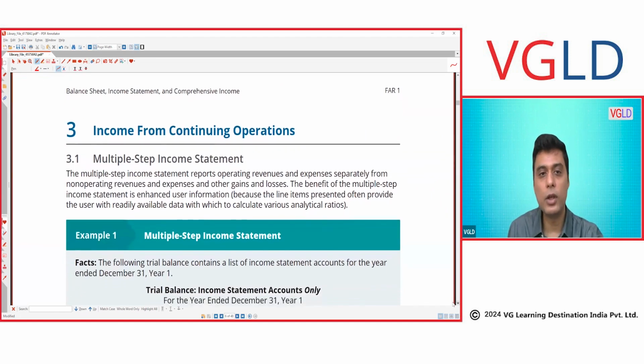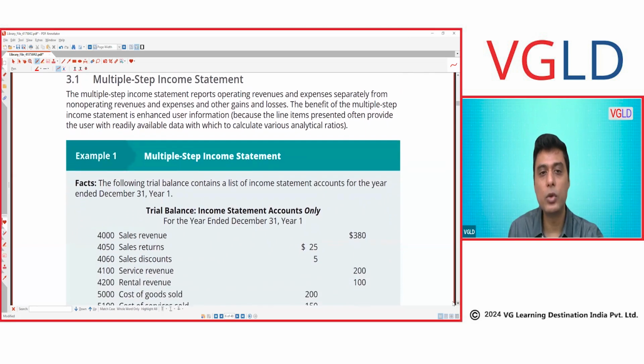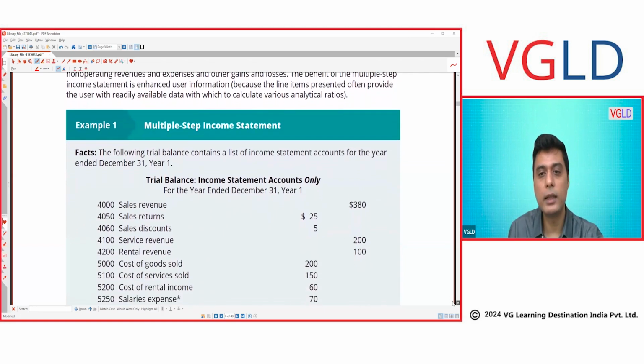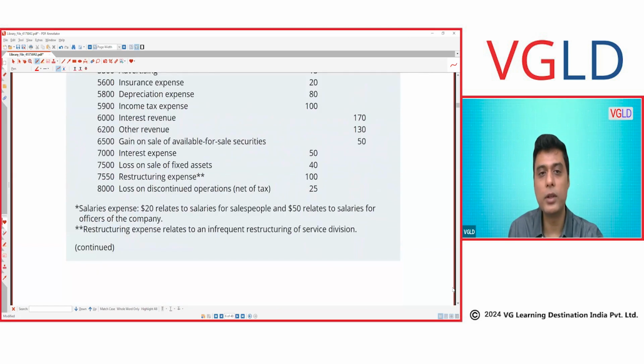So this is what I was talking about, multi-step and single step. So this is the multi-step income statement. Let's first go through the income statement. Let me show you the income statement, then I'll come back to the theory.